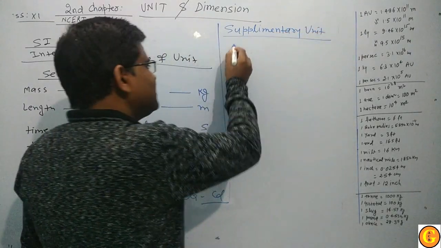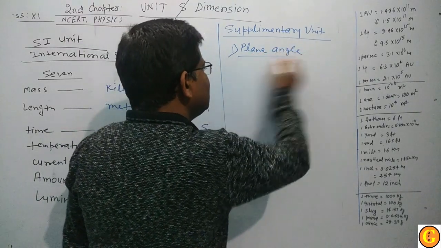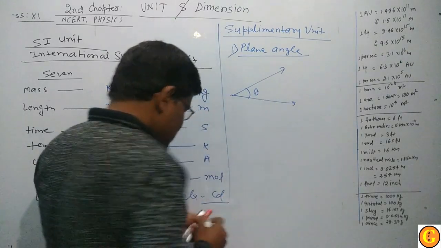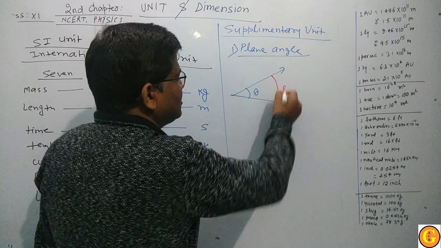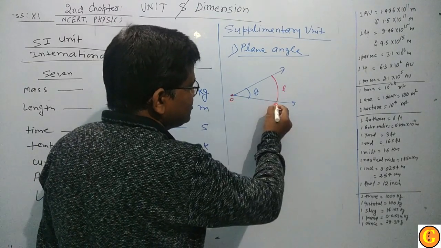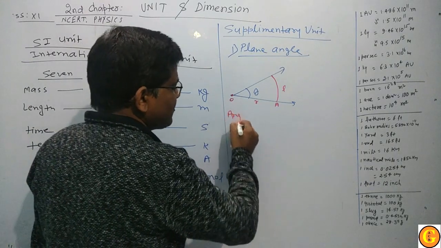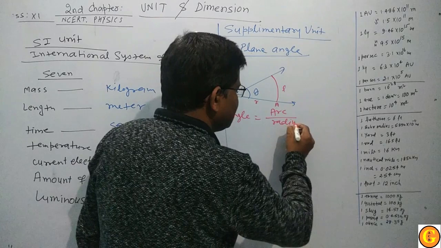One is the plane angle. As you know, this is the ray, this is the angle, and this is the arc, with the length of the arc, and this point is O and this point is A. Then angle equals arc by radius.